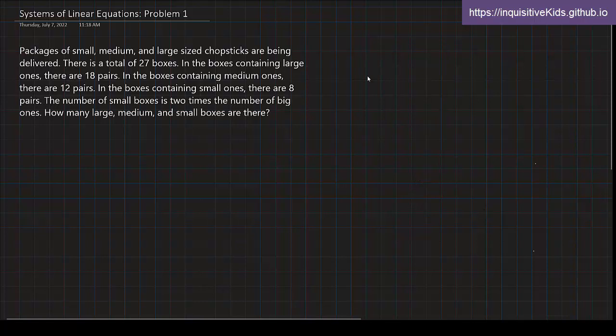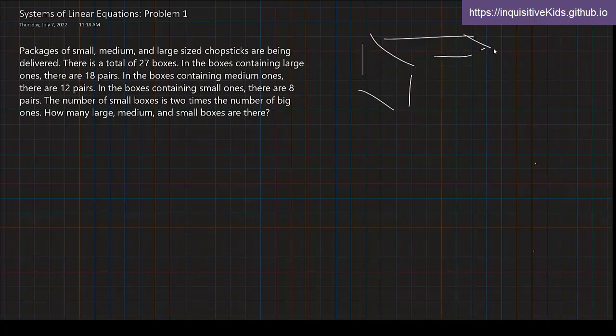There is a total of 27 boxes being delivered. In the boxes containing large ones, there are 18 pairs of chopsticks. So we know that there are three types of chopsticks, and this is large size, with 18 pairs.